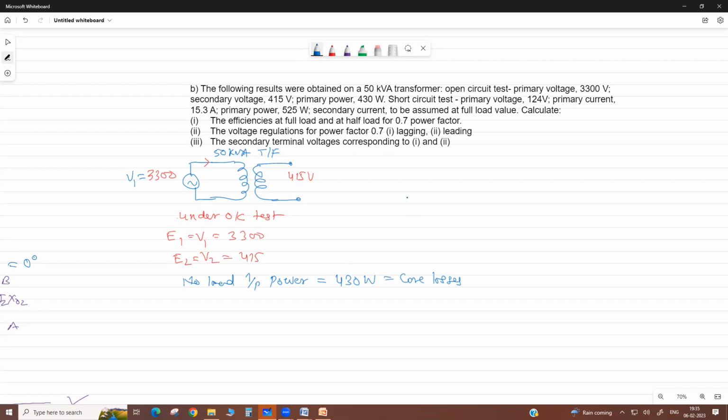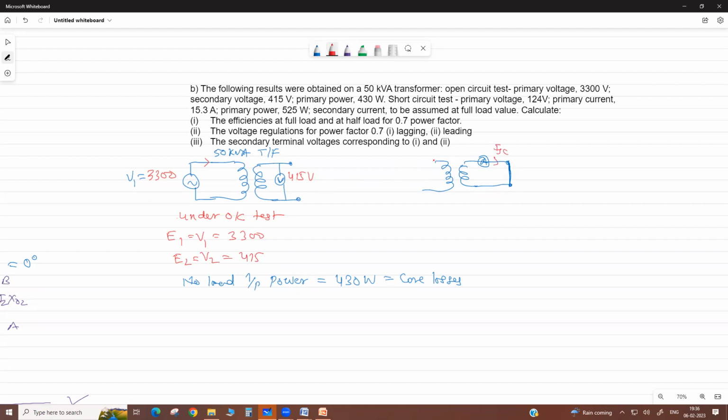Now the short circuit test. You know, in short circuit test, we short the secondary terminal, the LV side terminal, with a bus bar. Here we measure the current, which gives the short circuit current.